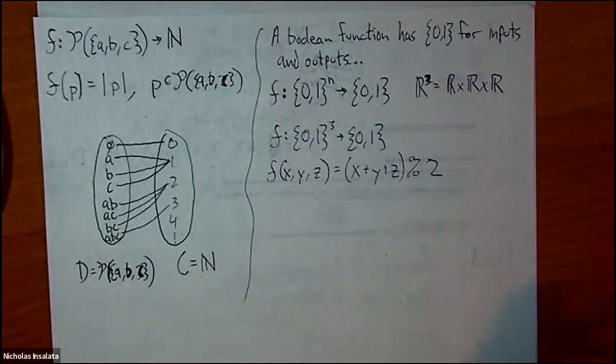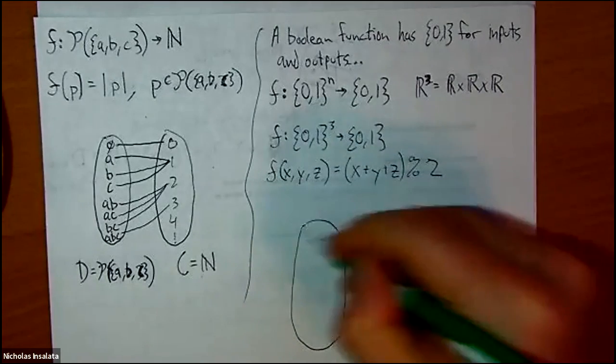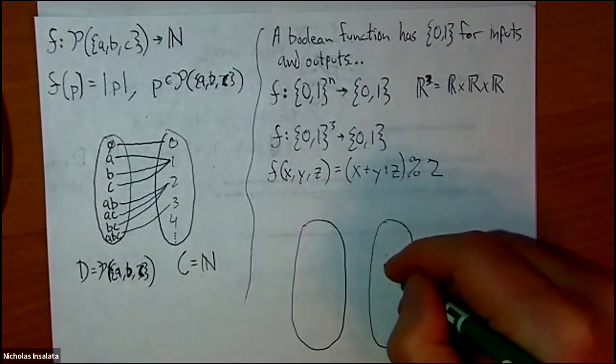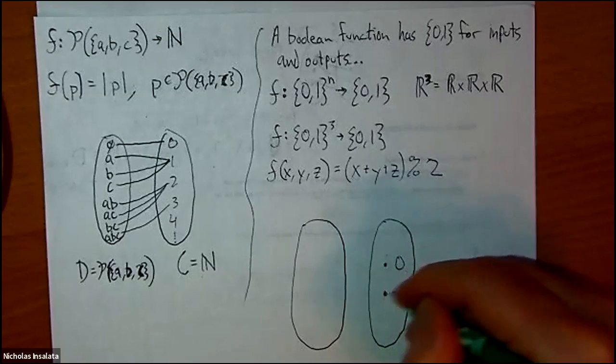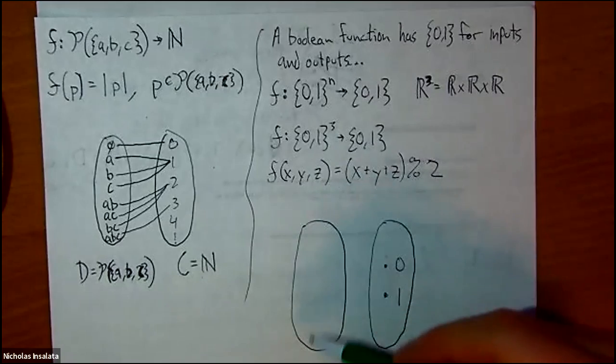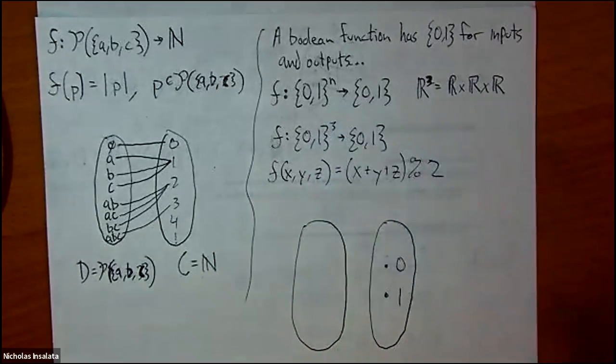Okay. Now, in that case, we've got our domain and codomain. Our codomain is going to be easy. That's just 0 and 1, right? Our domain is going to have how many objects inside? If we're doing {0, 1} cubed. Yeah, 8 of them, right?